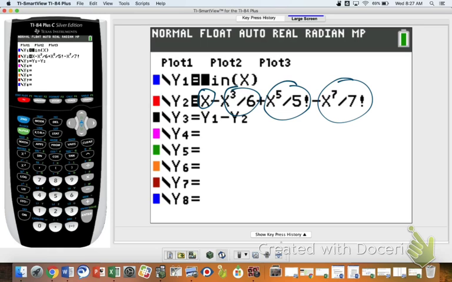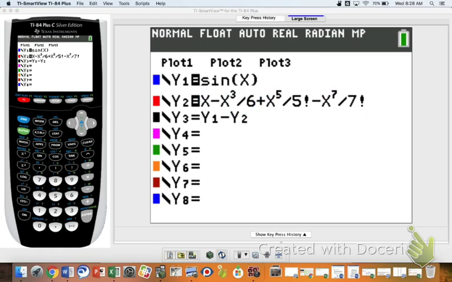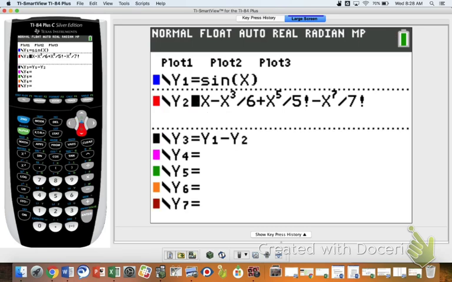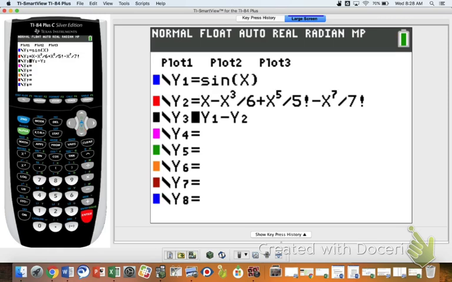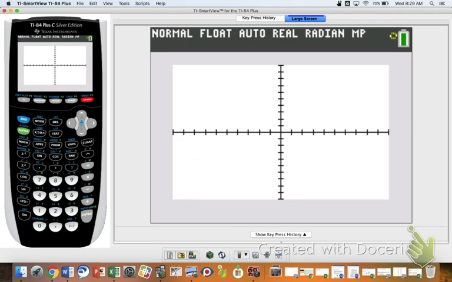Did you notice this? Hang on. Let me show you this. If I turn off y1 and y2 again, I'm just going to graph the error. Please look.